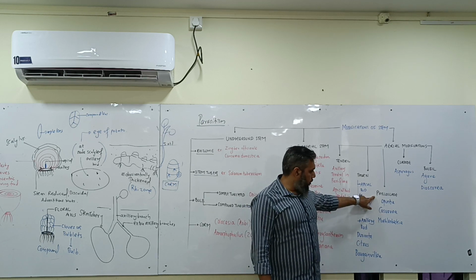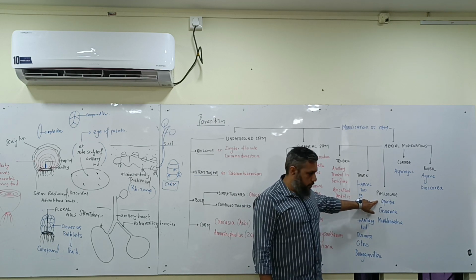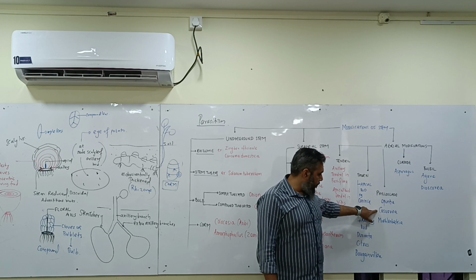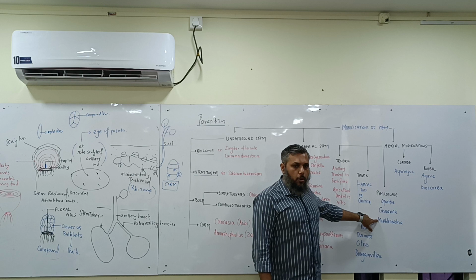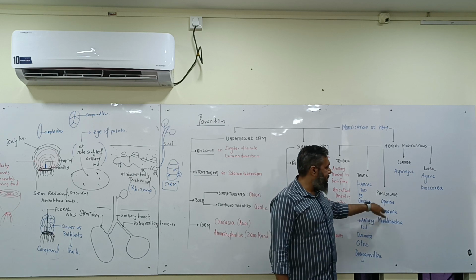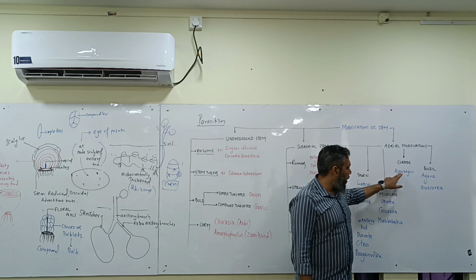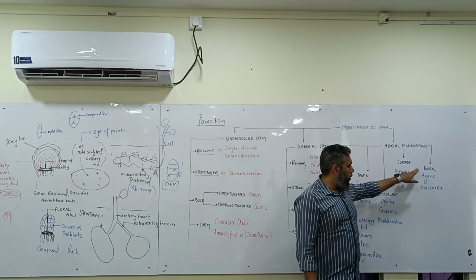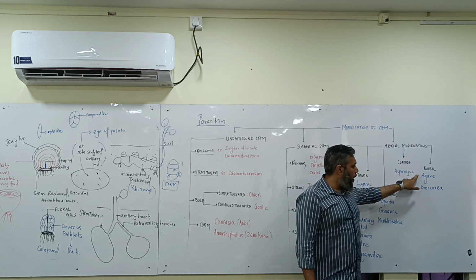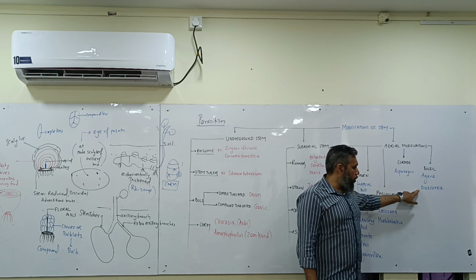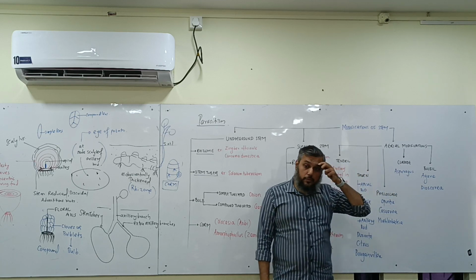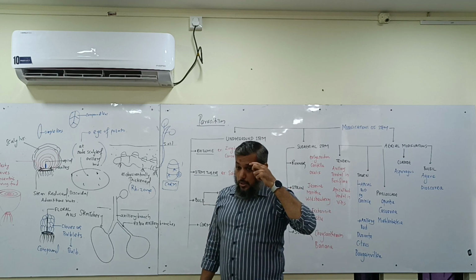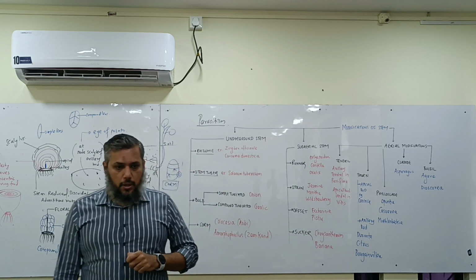Phylloclade: Opuntia, Casuarina, Muehlenbeckia. Cladode: Asparagus. Bulbil: Agave, Dioscorea. Okay. This will be the modifications of stem.